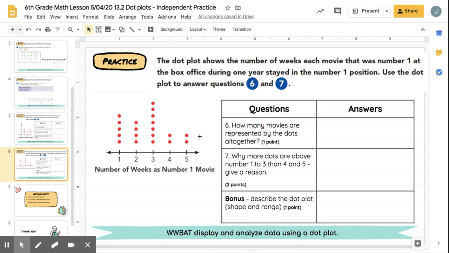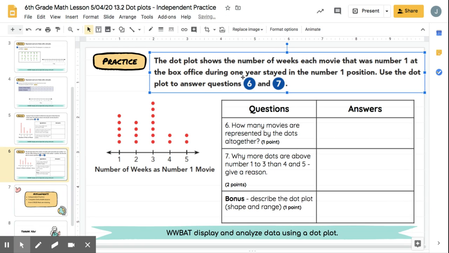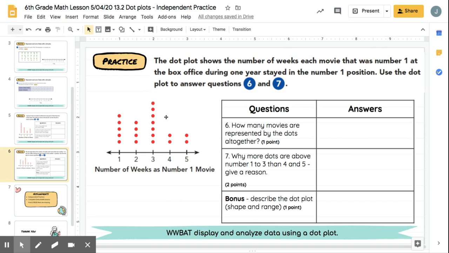Lastly, you're going to look at this dot plot, which shows the number of weeks each movie that was number 1 at the box office during 1 year stayed in the number 1 position. You're going to use this information to answer questions 6 and 7. How many movies are represented all together? So you're going to just count how many dots there are in total, and why are more dots above 1 to 3 and 4 to 5? You're going to think of a reason.